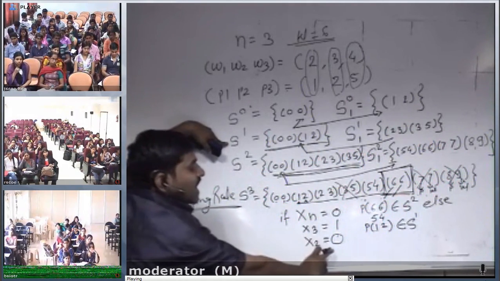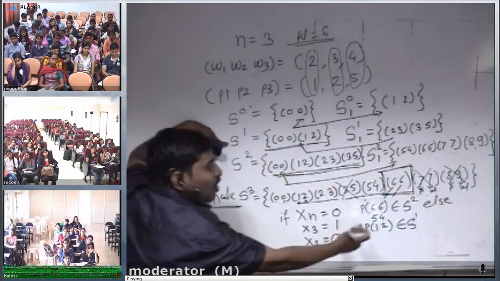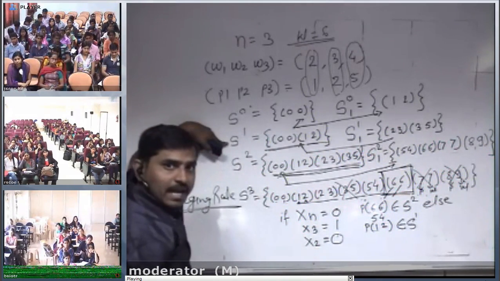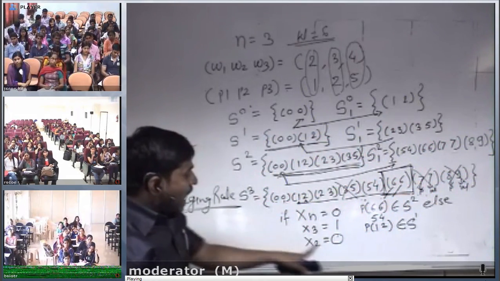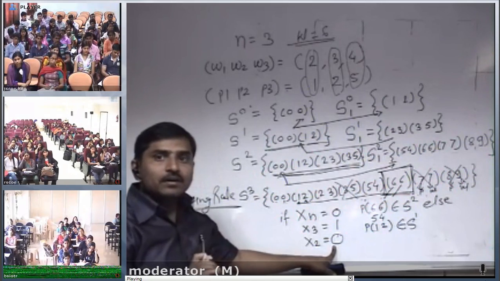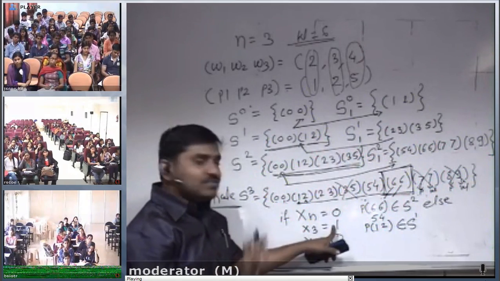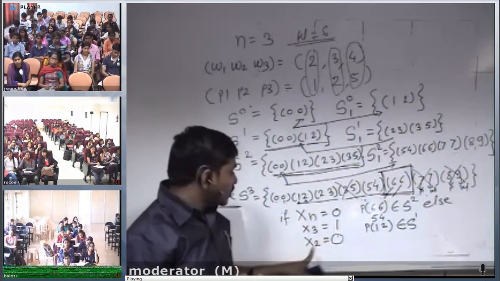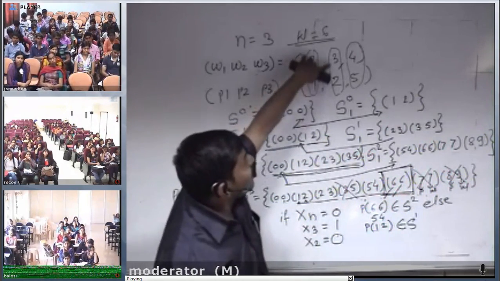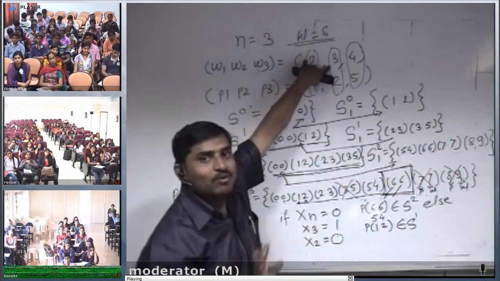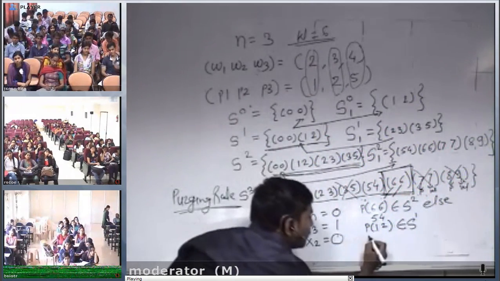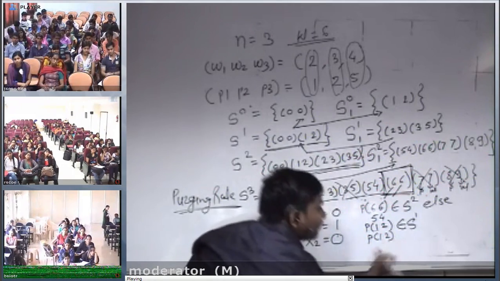If it does not satisfy the condition, it is 1. Clear? So am I taking the second pair? No. 0 means not taking the pair, 1 means taking the pair. So X2 equals 0 means I am not taking the second pair in the knapsack. So the remaining value is the same, (1, 2).